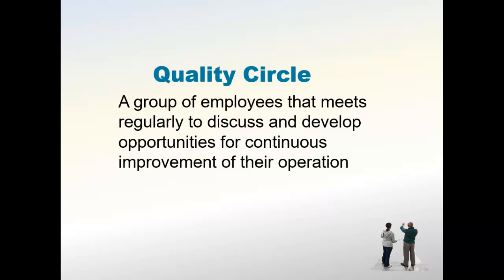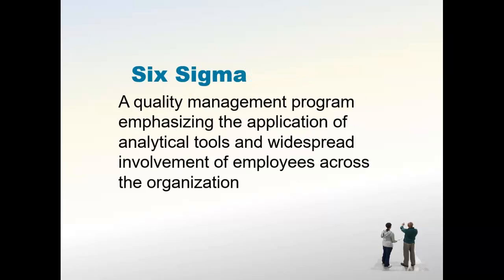Ideally, its evolution is guided by the participants in that system, often organized into teams of employees known as quality circles. So a quality circle is a group of employees that meets regularly to discuss and develop opportunities for continuous improvement of their operations. And quality circles meet regularly as part of the normal operation of the system, brainstorming the constant stream of new opportunities to pursue the spirit of continuous improvement.